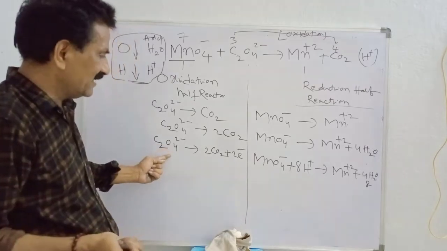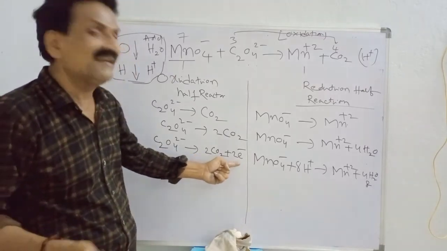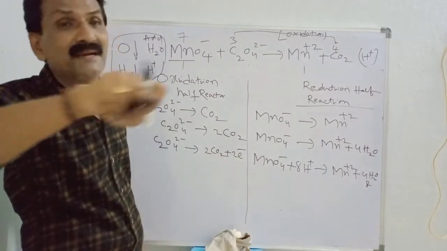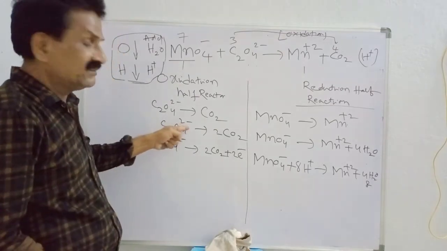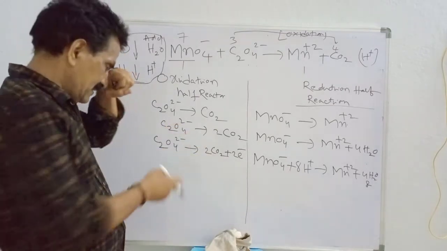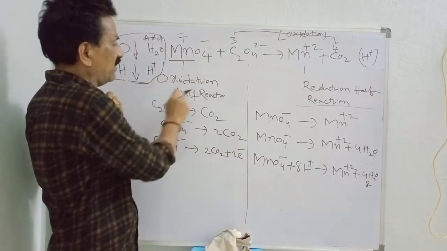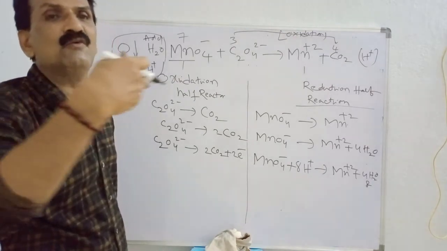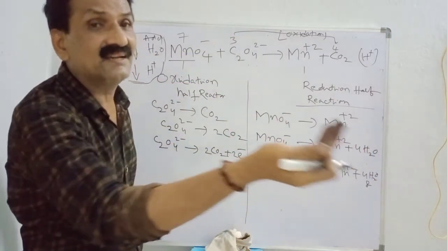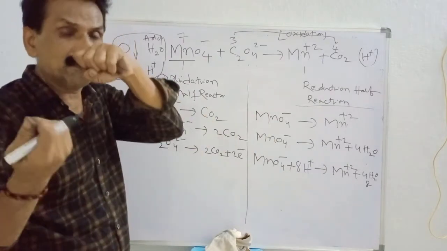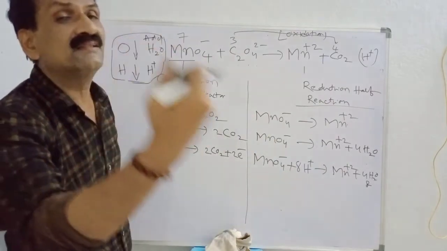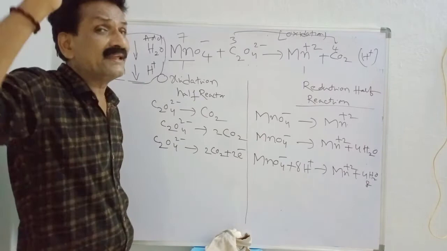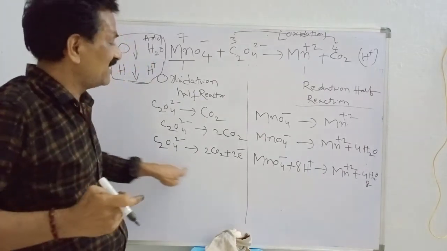You see, oxalate ion is converted to carbon dioxide and releases 2 electrons. Keep that idea in mind too. A species, a molecule or ion, if it releases electrons, that is nothing but oxidation. So in that aspect also, we can say this is oxidation.